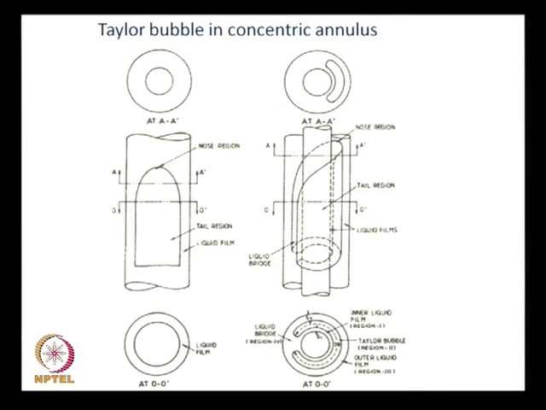Now, what is the next thing which we wanted to study? First, we studied a circular tube, then we made it a rectangular channel. The other thing, in that circular tube, if we insert a rod, we make it a concentric annulus. But whatever we make it, a concentric annulus is also a symmetrical vertical geometry, isn't it?